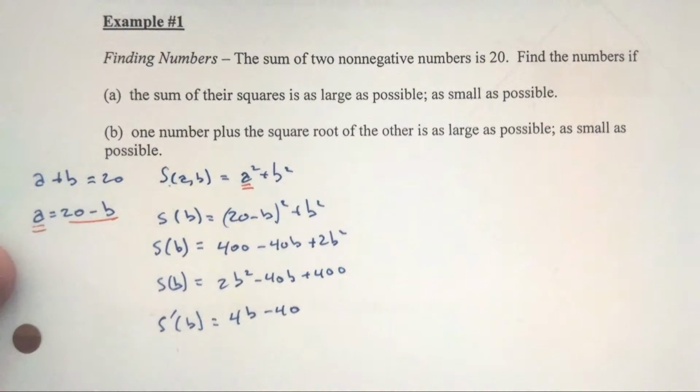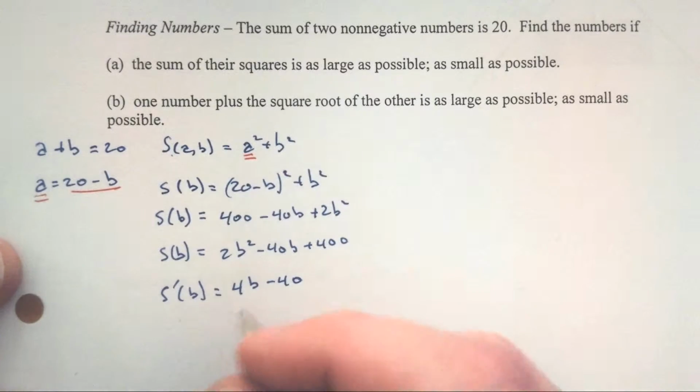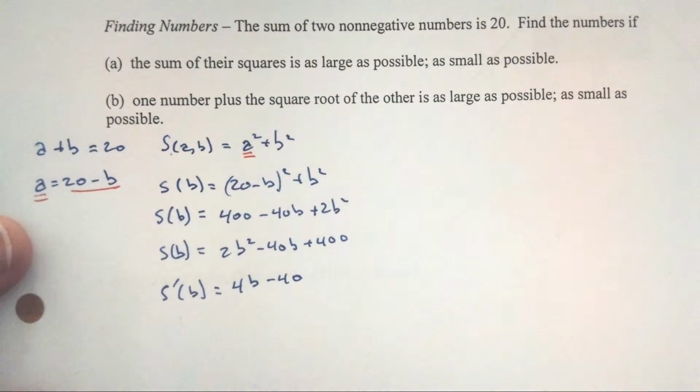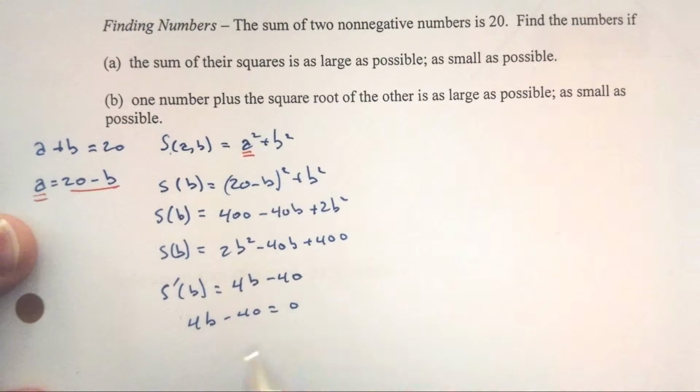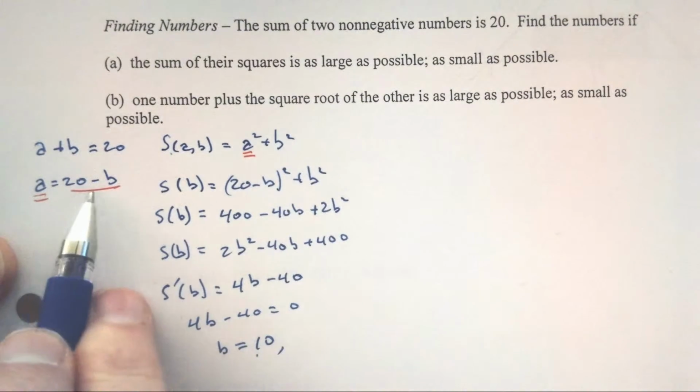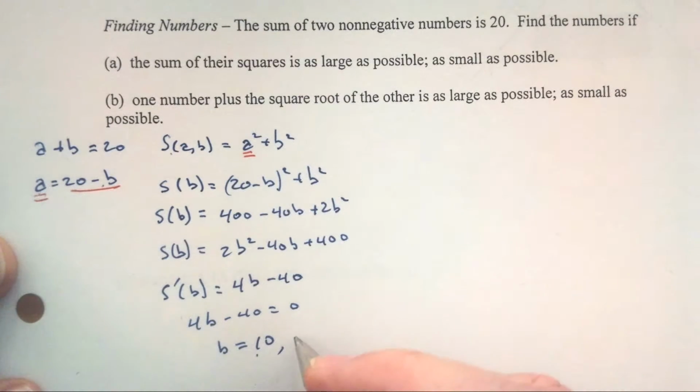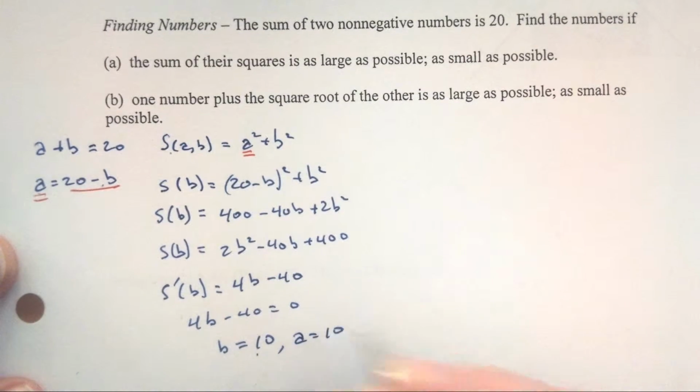And what we most typically do is we take the first derivative and set it equal to 0. I'm just on autopilot right now. 4B minus 40 equals 0. Add 40, divide by 4, B is 10. When B is 10, A is 20 minus 10, so A is 10.